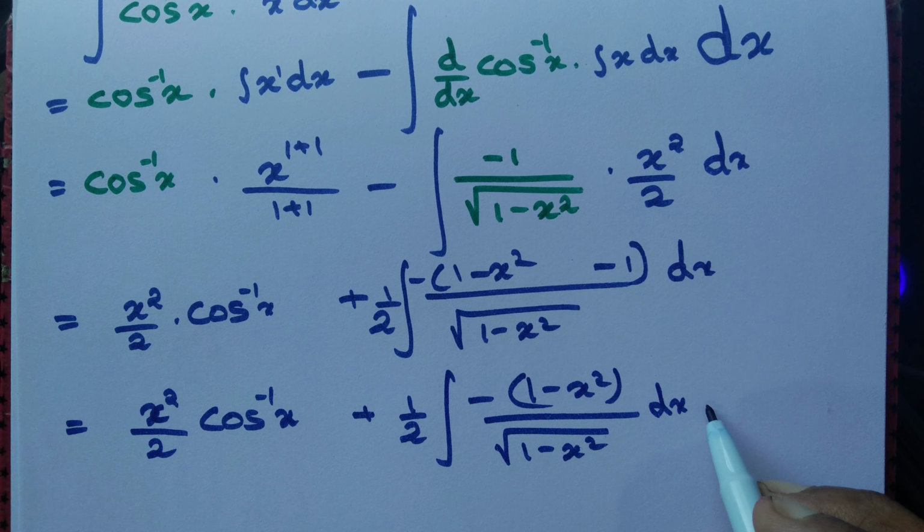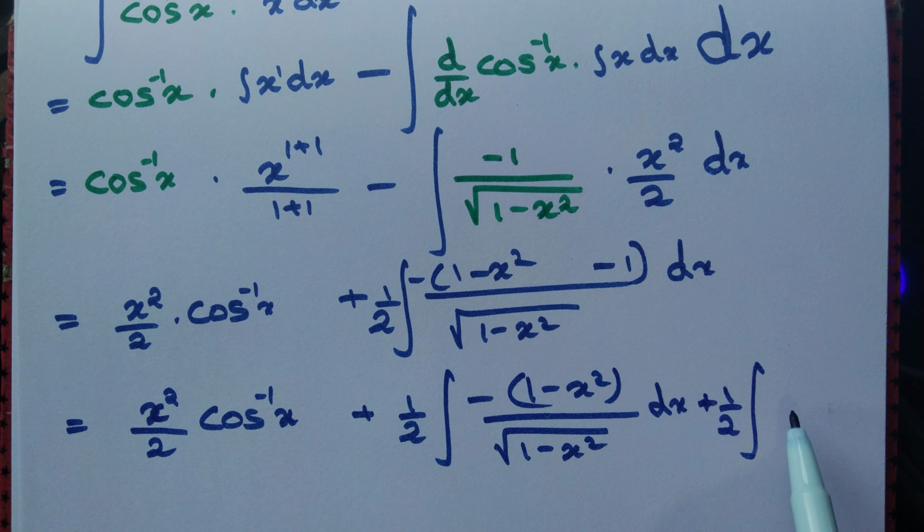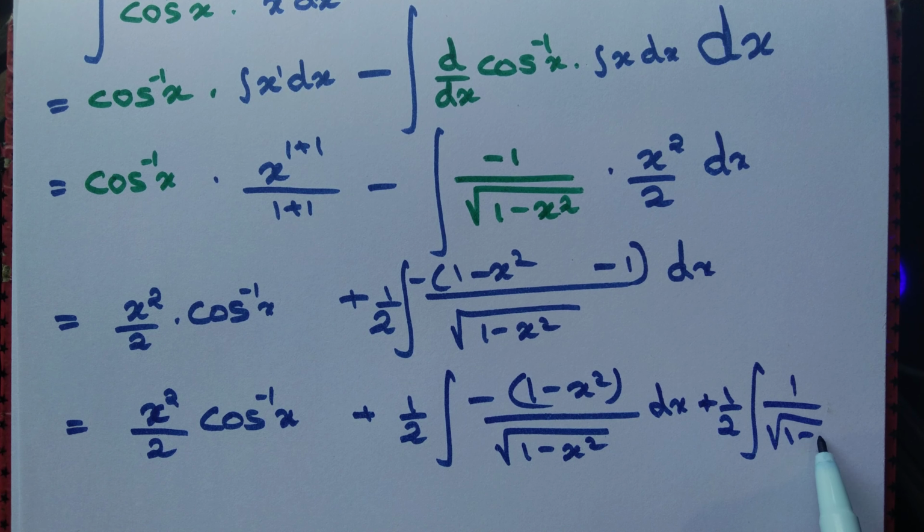Minus of minus is plus, so plus half integral of 1 by root over 1 minus x square dx.